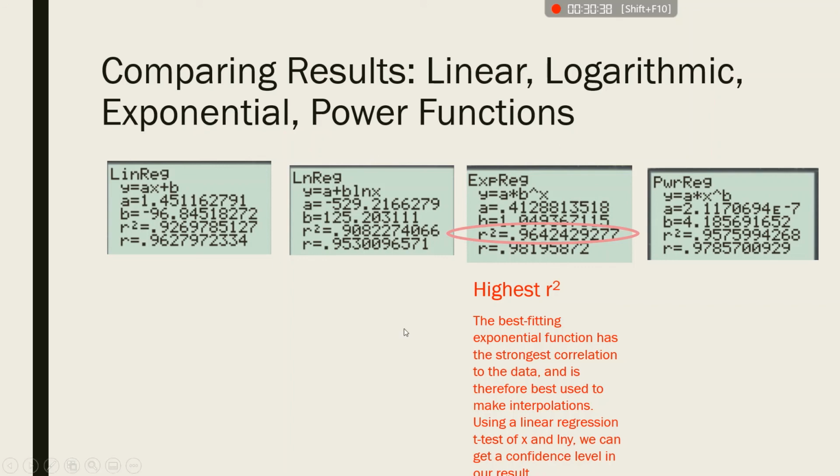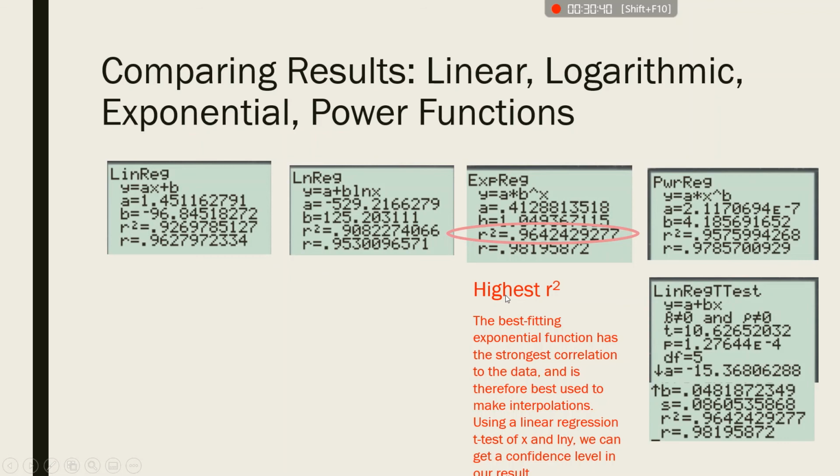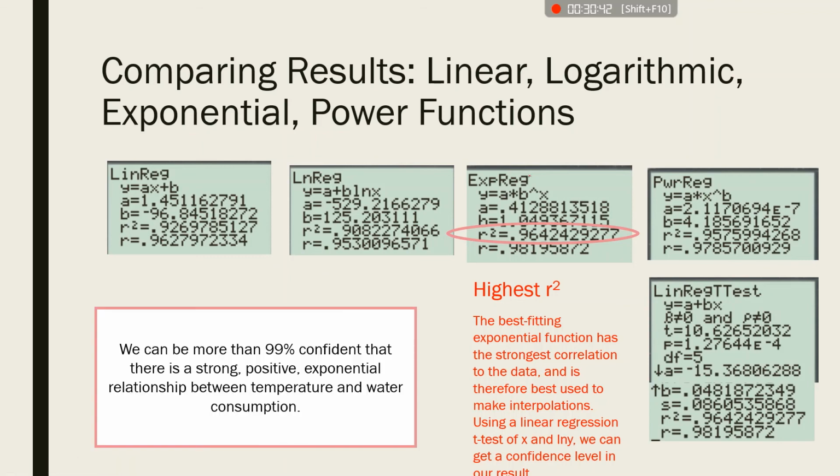And then if we do our linear regression t-test using our exponential function data, so that's taking the natural log of y, but leaving x alone, then we can get an estimate for how probable it is that relationship happened randomly.